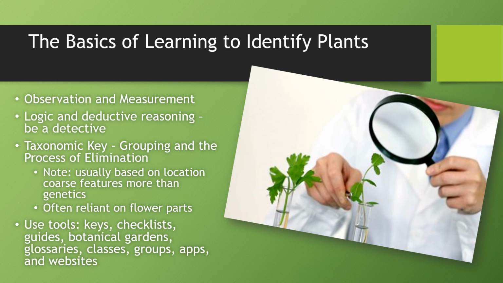The one thing that becomes a problem with keys is they're most often based on location. If that plant occurs in that general area, then it's going to be a part of the key, but there is a reliance on that more than on the actual relationship of plants within families.